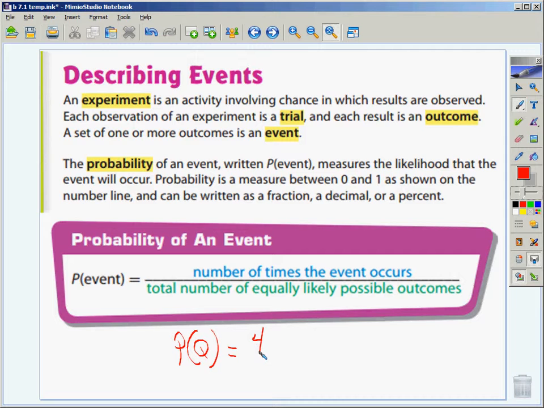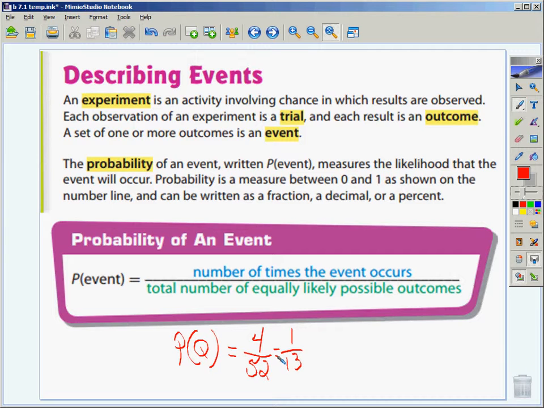That would be the number of times that the event occurs. And what is the total number of equally likely possibilities in a deck of cards? 52. So the probability of getting a queen would be 4 out of 52. And we always should simplify our fractions, and this is going to be 1 out of 13.